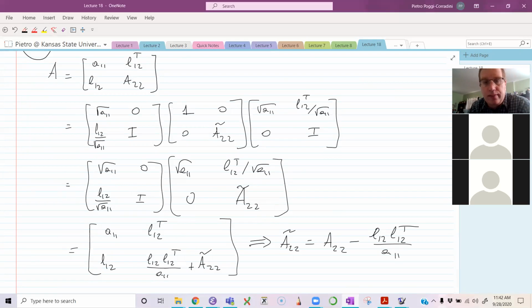And notice that, as I said, A22 is symmetric, right? And L12 transpose is symmetric as well. So this is going to be n minus 1 by n minus 1.